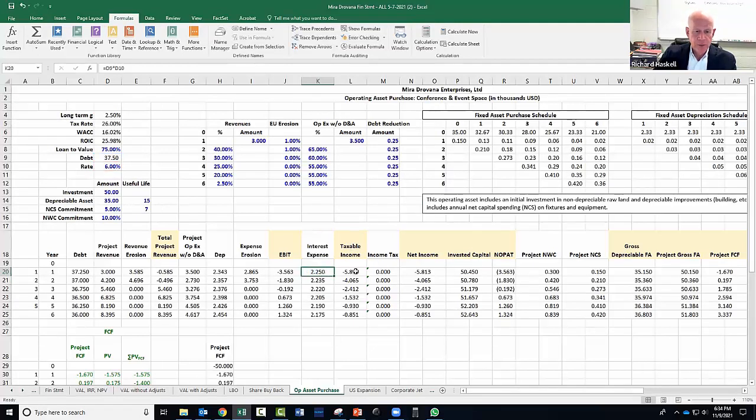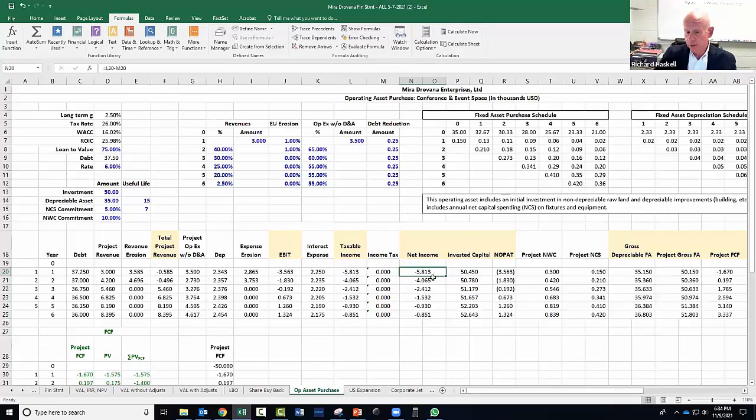So that's our interest expense. We then go ahead and subtract that from EBIT to get our taxable income. We have a negative value here. And because of that, there's no income tax on it. So net income is going to be the taxable income, which is negative, minus 0. So we, again, have a negative net income.